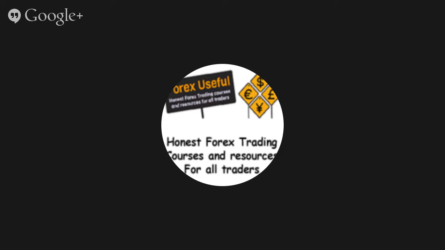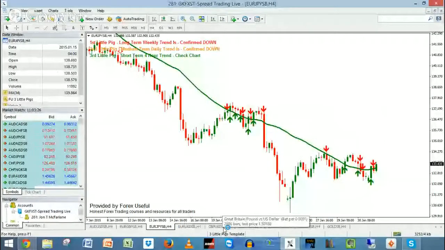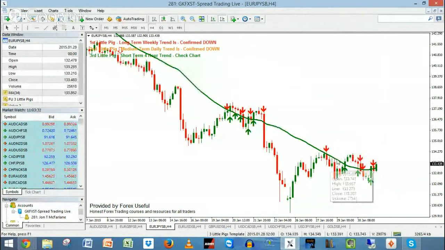Euro JPY, in fact, these next three, Euro JPY, Euro USD, GBP USD on the pigs trading at the moment, pretty much the same sort of pattern. A little bit choppy down here. We're getting into a couple of trades, getting stopped out, getting in, getting stopped out. So I think it's two losers here now on Euro JPY, and it looks like we're just about to get stopped out on the third one.